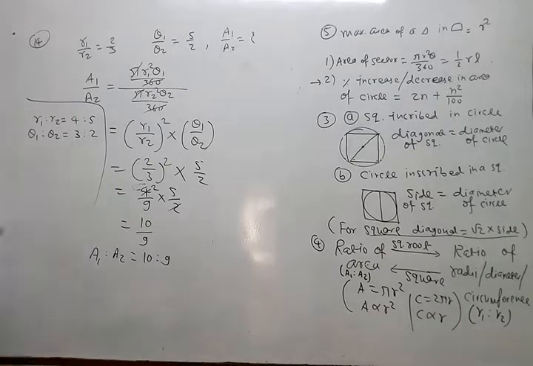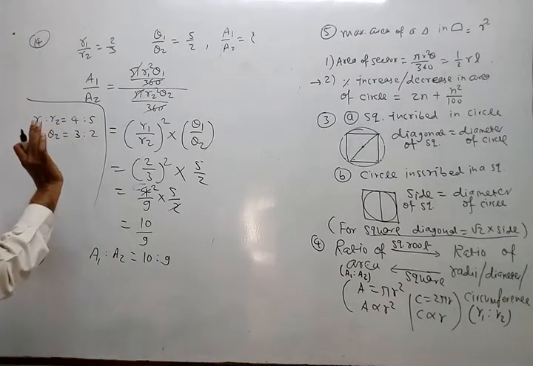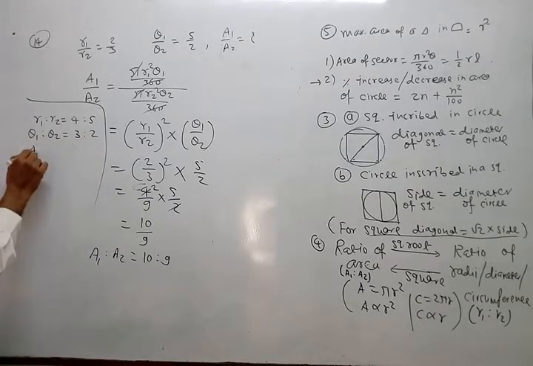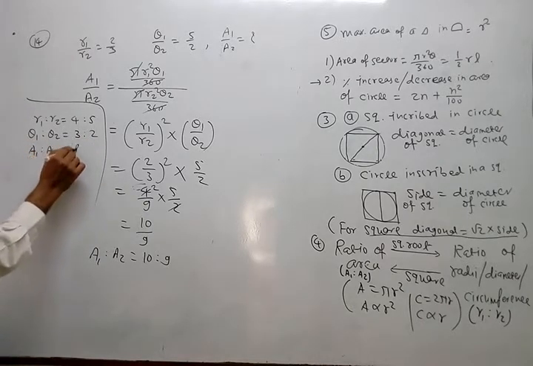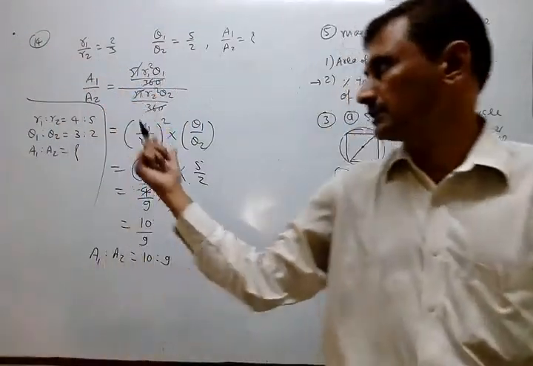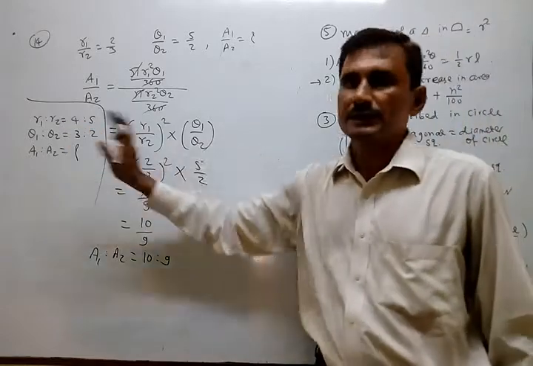Okay. So here also you have to find A1 is to A2. It is for sectors only, so I am not writing the statement. Only in symbolic form I have written the question. Same way only, but values are changed.